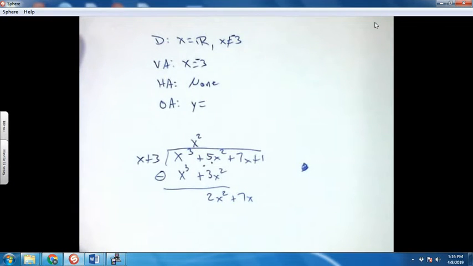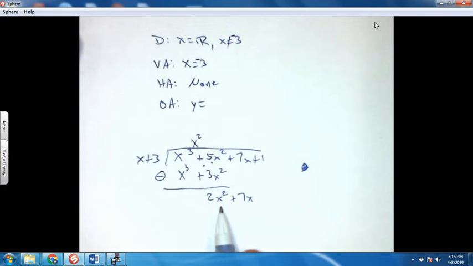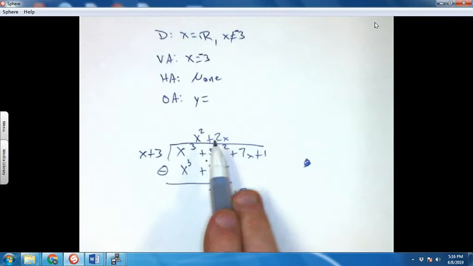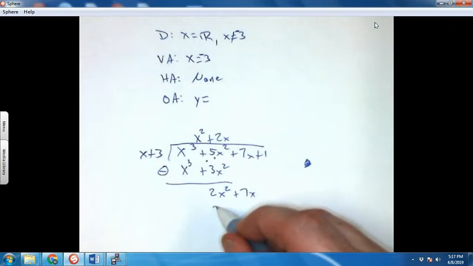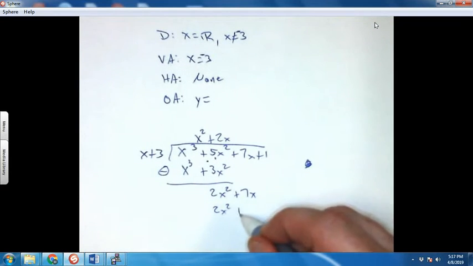So now I ask myself, what times x will give me 2x squared? Well, that's going to be 2x. So 2x times x is 2x squared, and 2x times 3 is 6x.